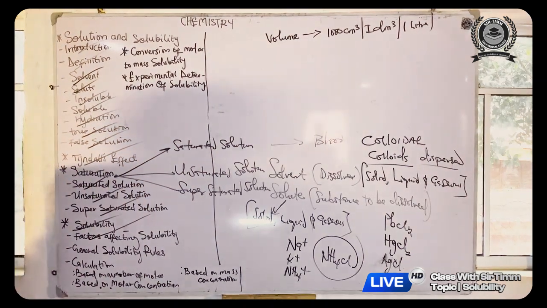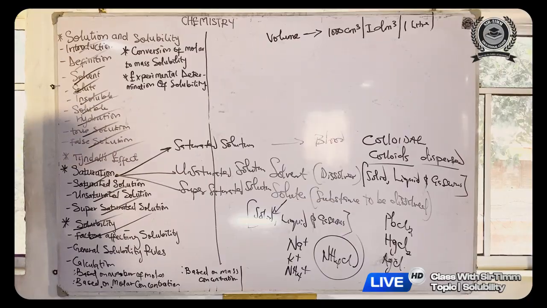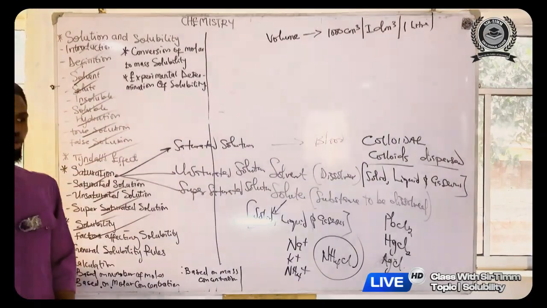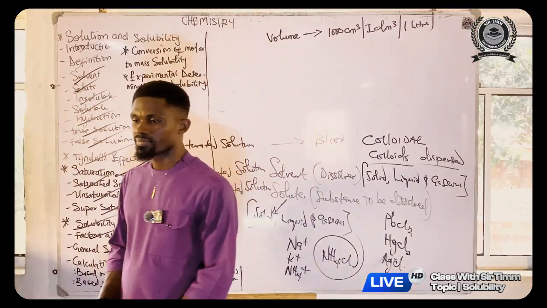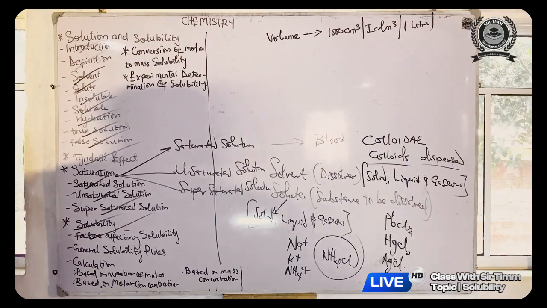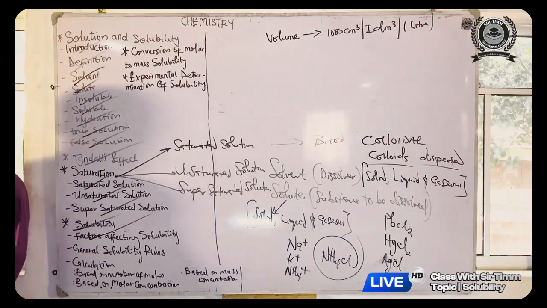Most sulfate salts are soluble except barium sulfate, lead sulfate, and calcium sulfate. See how they are making faces as though they have not heard about barium.